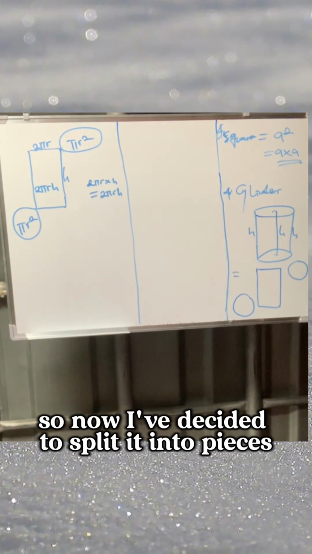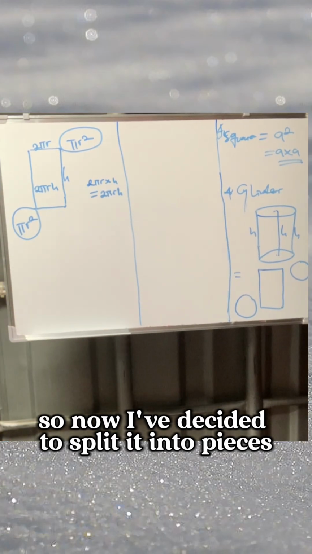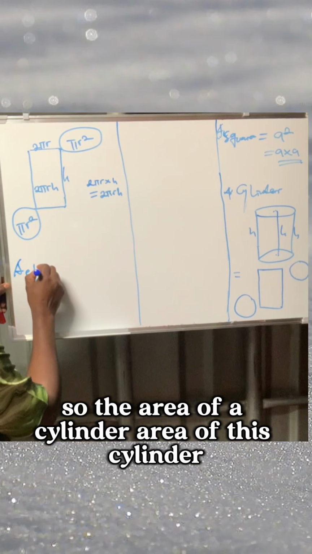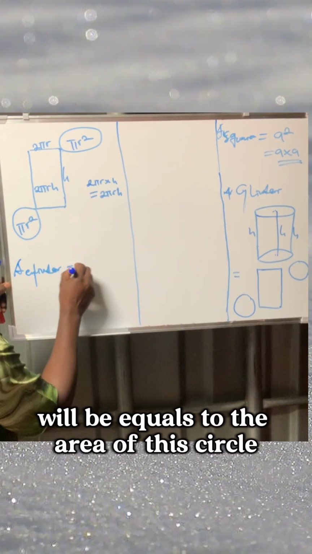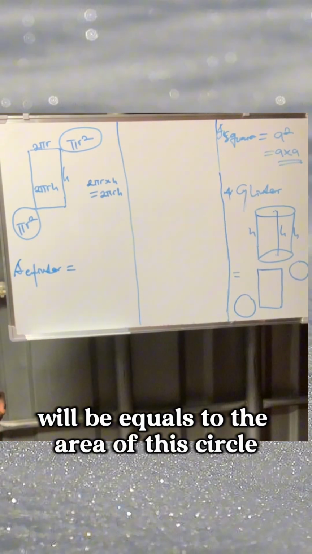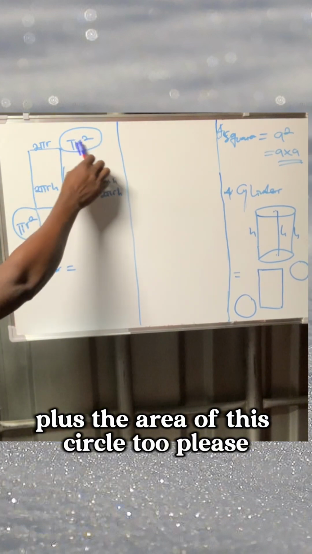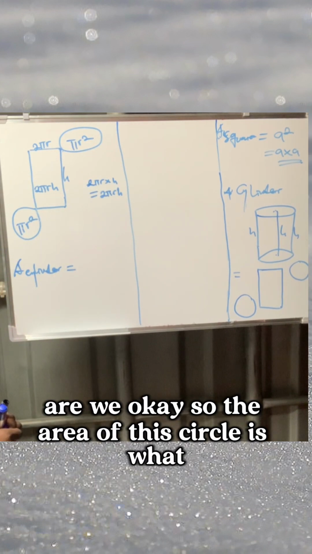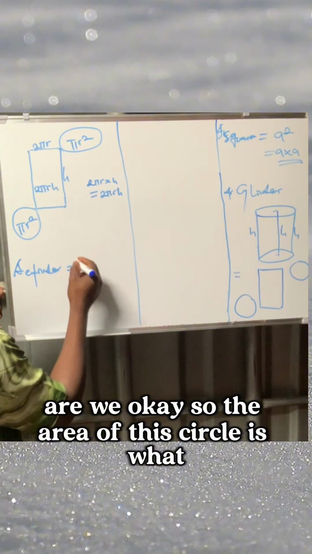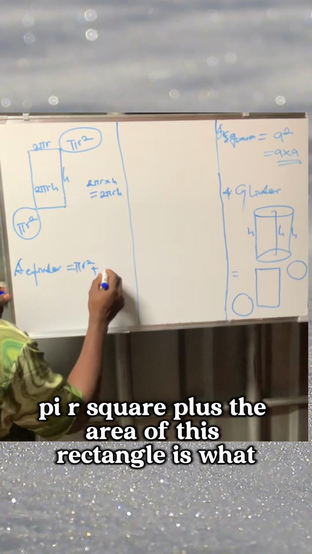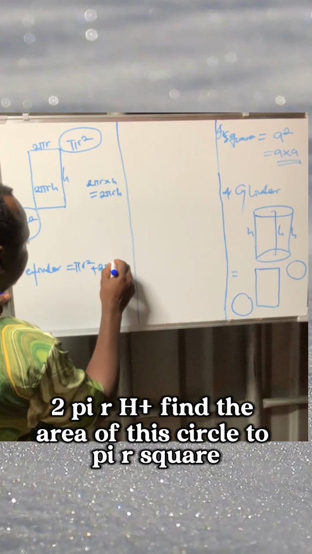So now, I've decided to split it into pieces. So the area of this cylinder will be equal to the area of this circle plus the area of this rectangle plus the area of this circle too. Please, are we okay? So the area of this circle is what? Pi r squared. Plus the area of this rectangle is what? 2 pi r h.